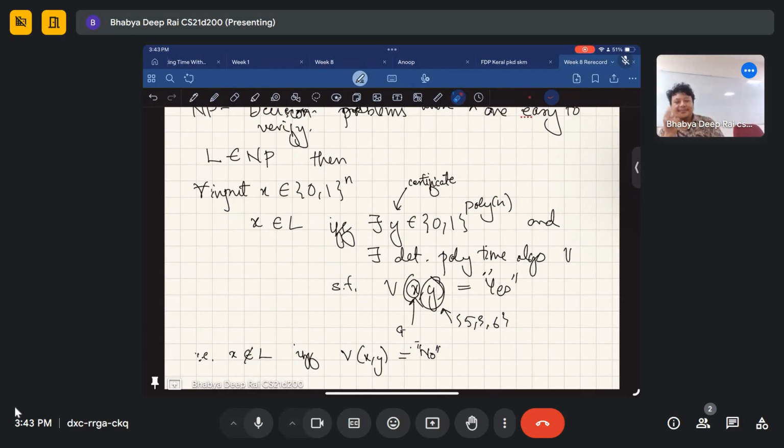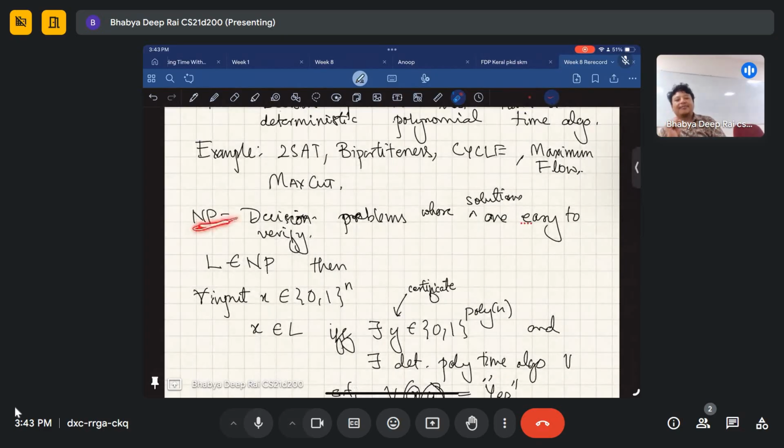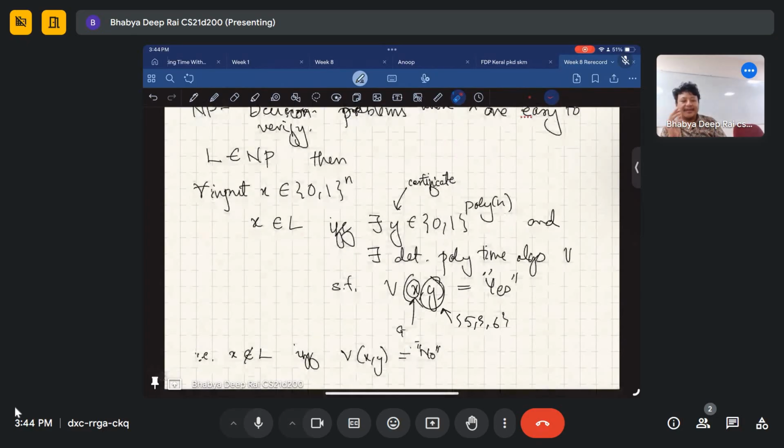But how much time will it take to go across each certificate? Well, the certificates have polynomial size, so there are 2 to the polynomial of them, which is exponential. So you immediately see that making this NP problem deterministic will pose some difficulty, because the trivial way to do it will take exponential time.